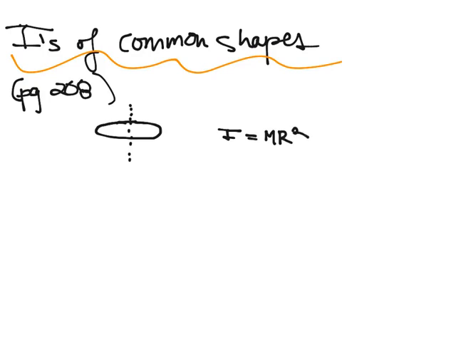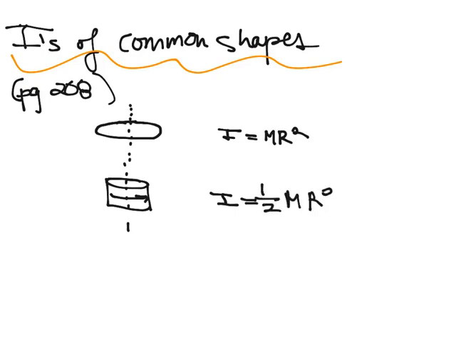For a cylinder that we're rotating around its middle, I is equal to 1/2 mr squared. The same is true for a disk: I equals 1/2 mr squared.